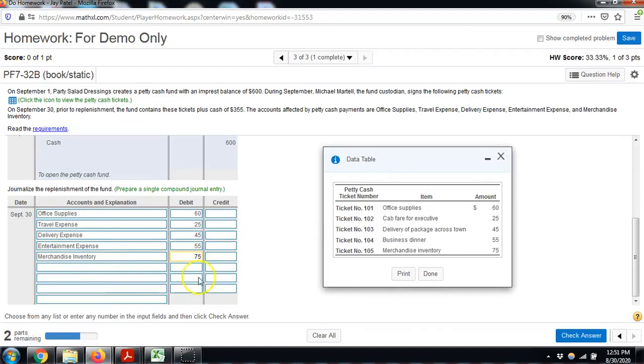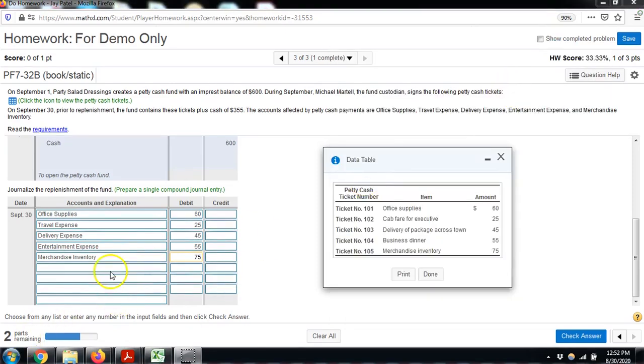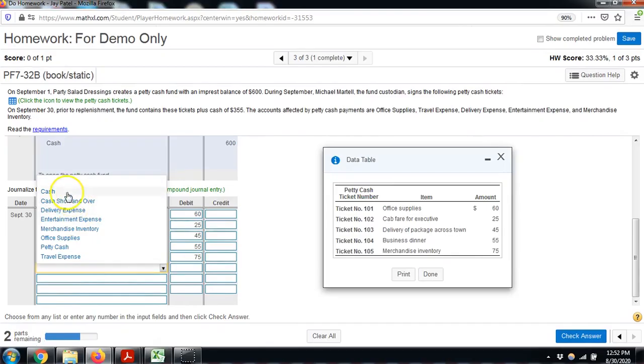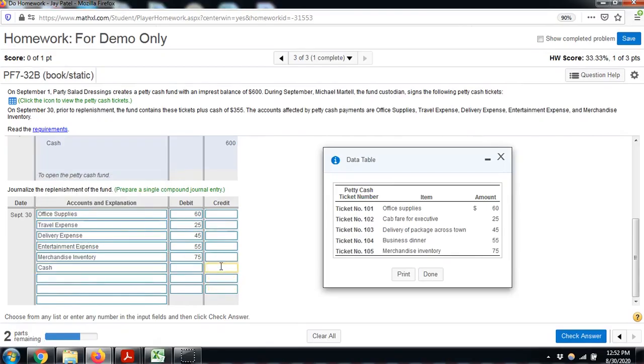But we're not done yet. We still need to actually get the cash that we need. So we have cash of $245 because remember, we have $355 currently. We need to get it to $600, so we need to bring $245 more out of our bank account into this petty cash fund.